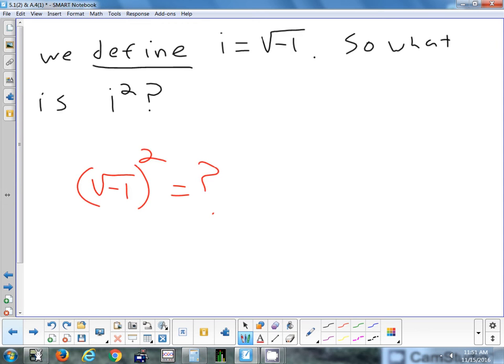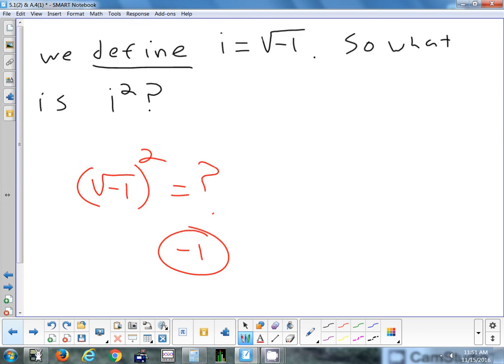It's the square root of negative 1, squared. Okay. So like i squared? Yeah, this is what I wrote right here. This is i, and I'm squaring it. What would that come out to? Negative 1. Yeah, this would come out to negative 1.